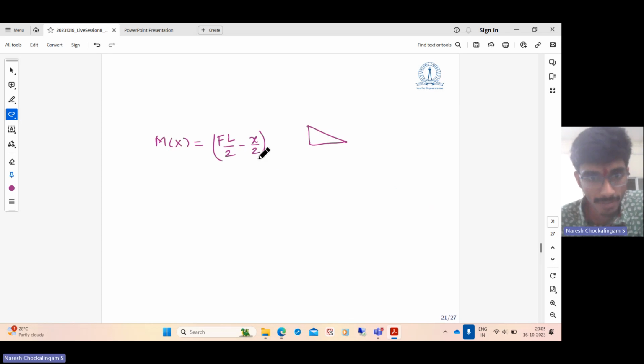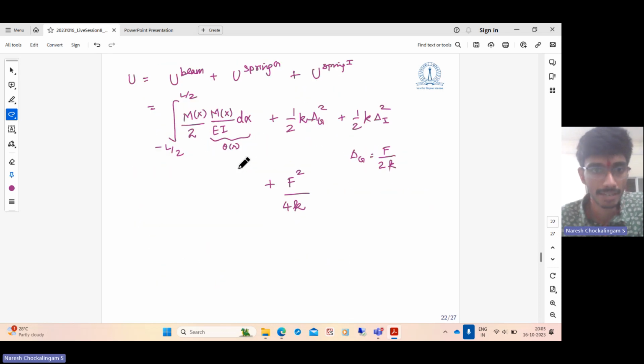And the square of this is an even function. It doesn't depend on the sign of x. Therefore, you can replace the integral from minus L by 2 to L by 2 as 2 times the integral from 0 to L by 2.